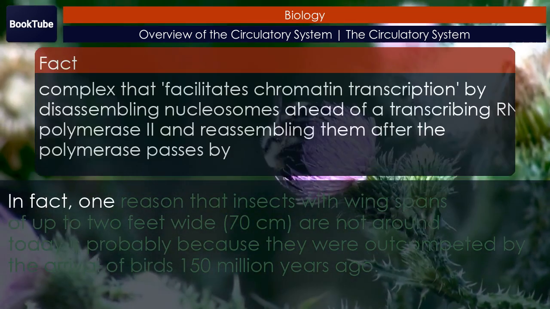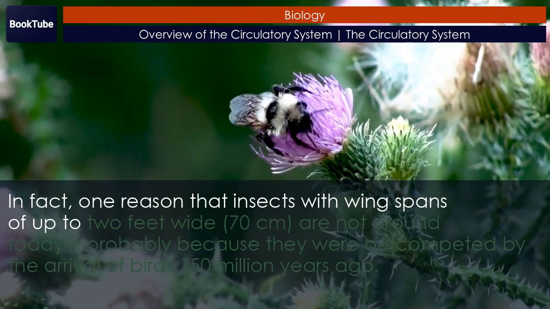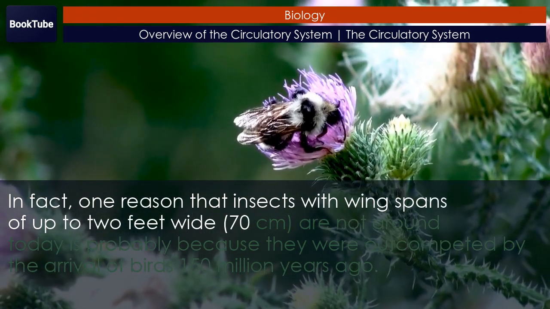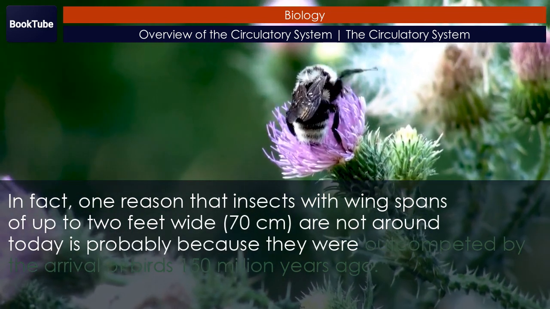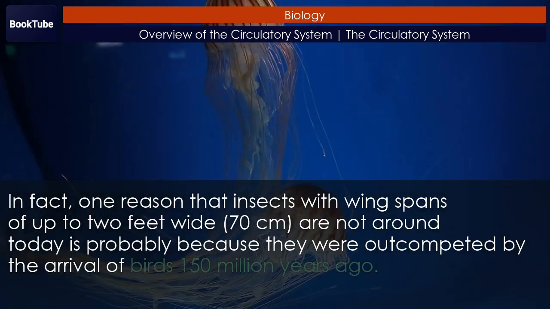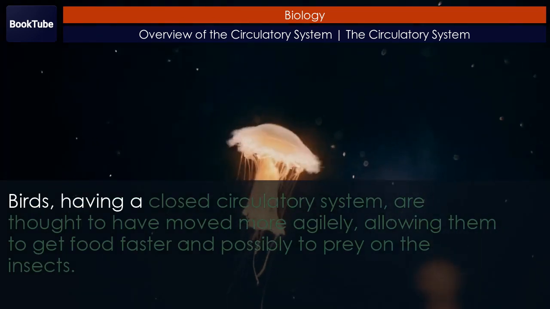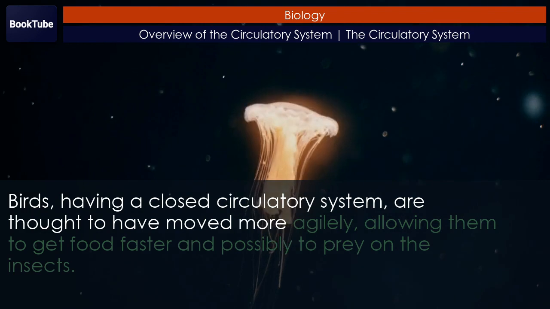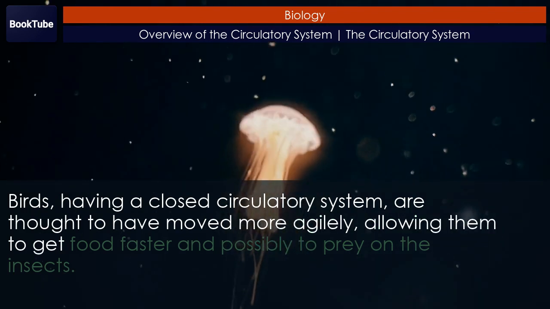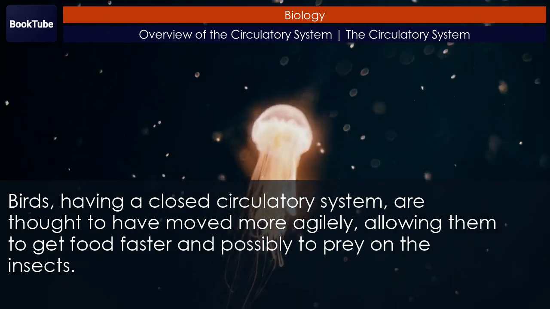In fact, one reason that insects with wingspans of up to 2 feet wide, 70 centimeters, are not around today is probably because they were outcompeted by the arrival of birds 150 million years ago. Birds, having a closed circulatory system, are thought to have moved more agilely, allowing them to get food faster and possibly to prey on the insects.